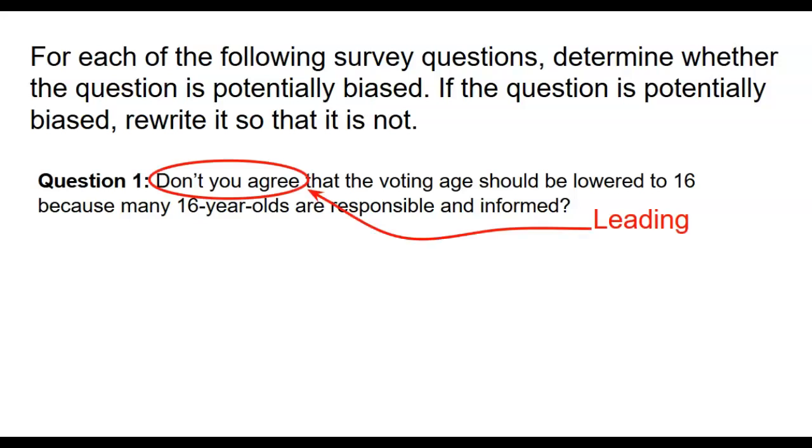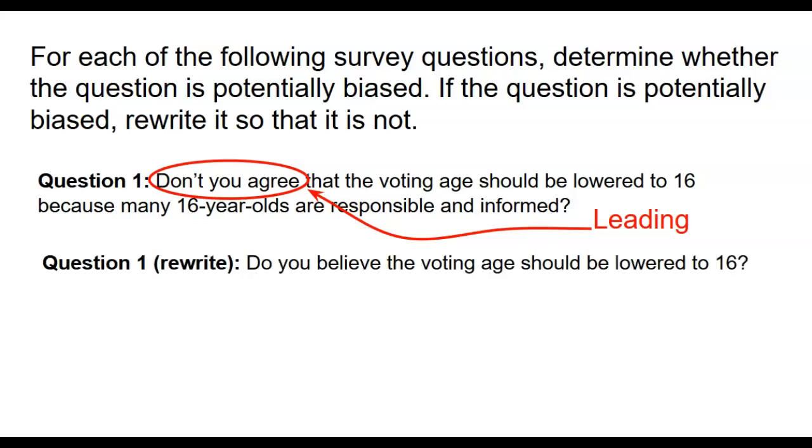This is a leading question. The "don't you agree" statement is telling the person you want them to say yes. It would be better to just ask the question with no extra facts, as well as no lead into what you want them to say. Perhaps, do you believe the voting age should be lowered to 16?